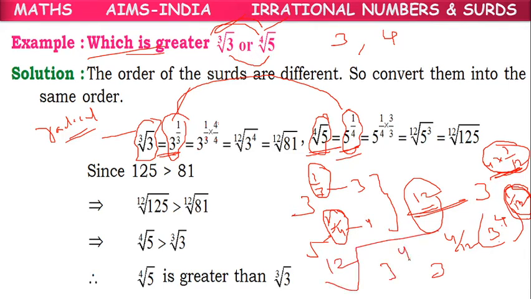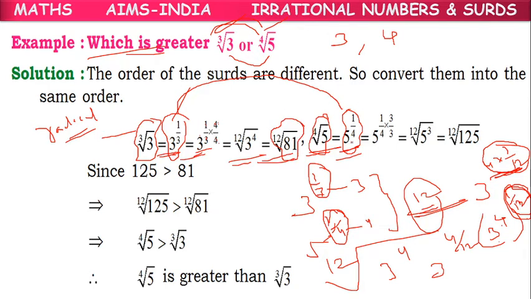The 4 will stay inside as the exponent of the radicand. So 12th root of 3 to the power of 4, which means 12th root of 81. That is the value of the first one.